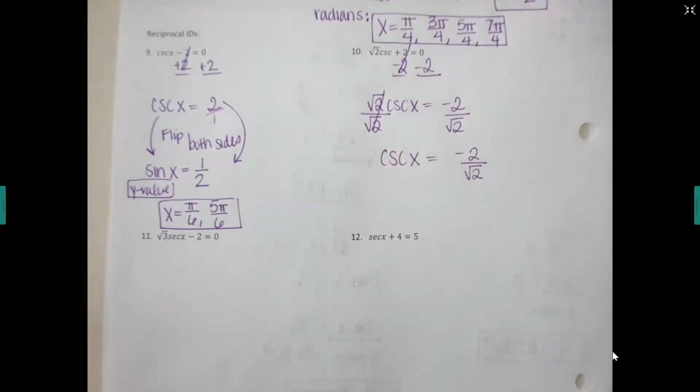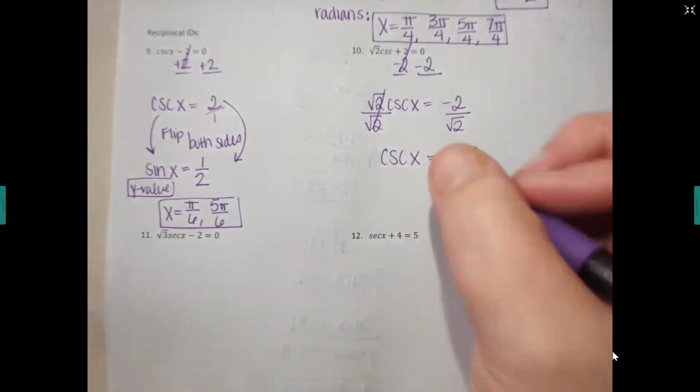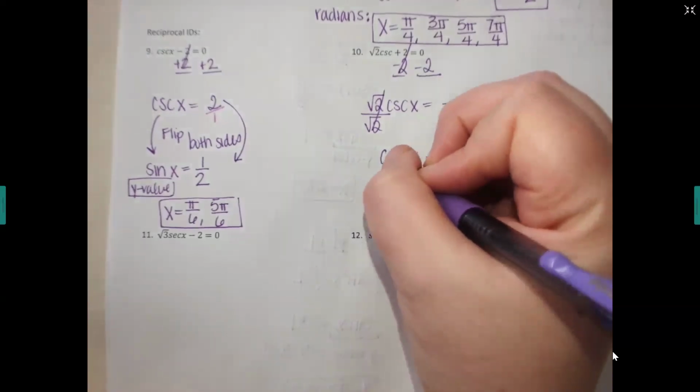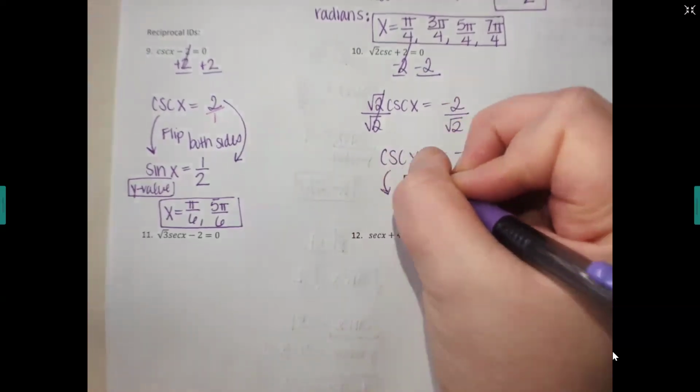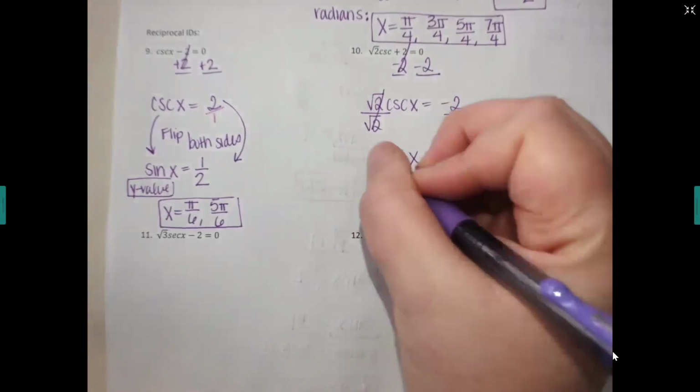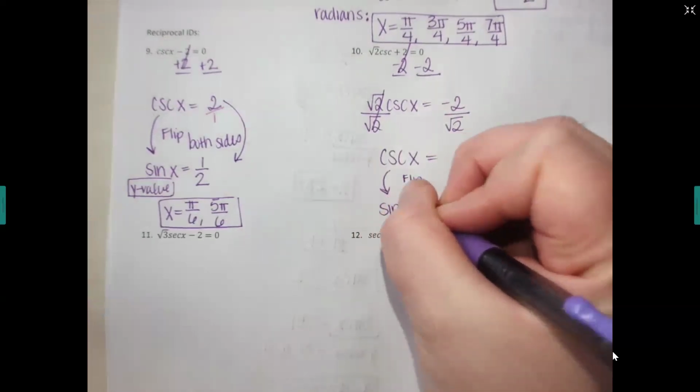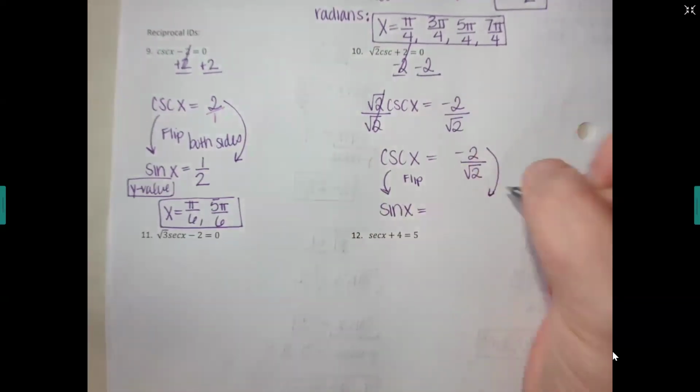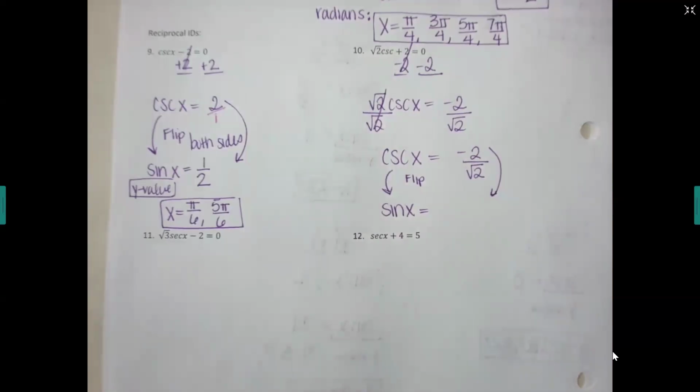Now, if this was a sine or a cosine, I would have to fix this. Why do I not have to fix it right now? Because I'm about to do what? Very good. So we're going to flip both sides. CSC will go back to SIN. And that's going to fix this square root on the bottom, because when I flip it, it's going to end up back on the top.